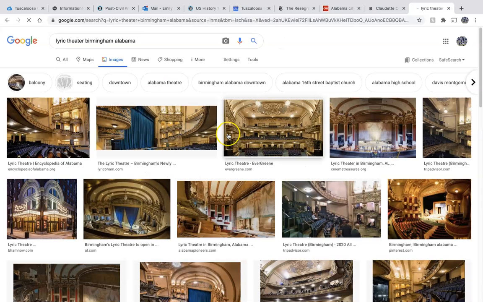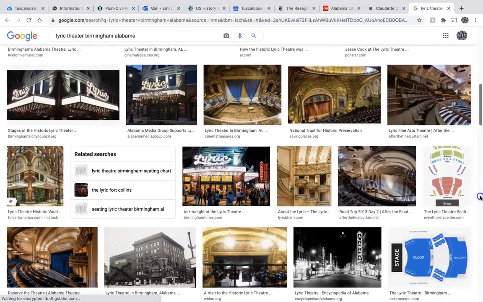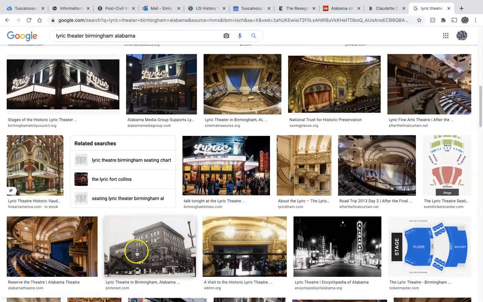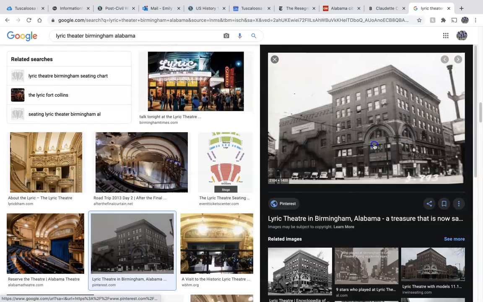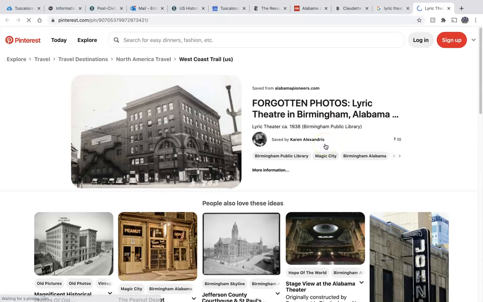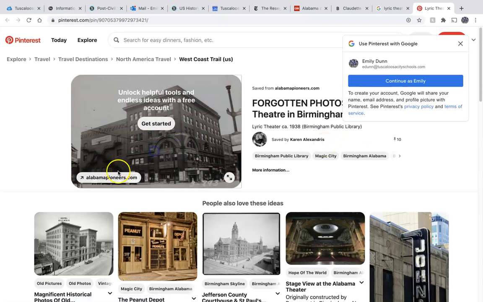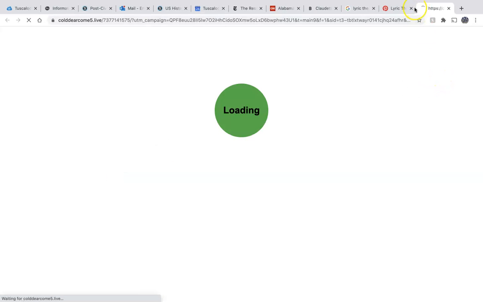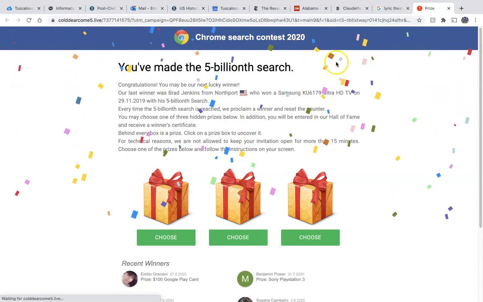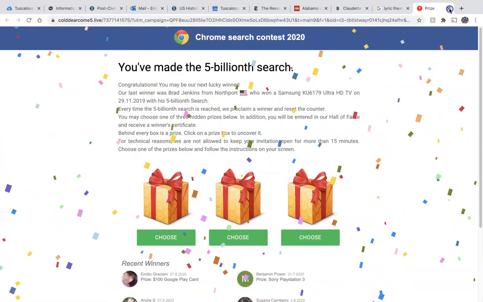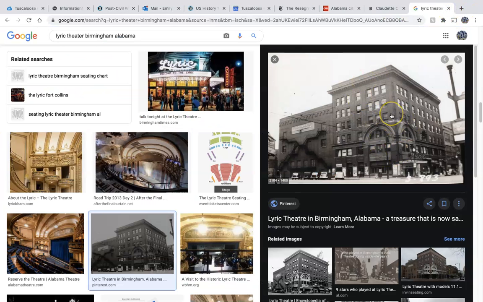I'll see if I can find a picture of the outside. Here we go. This is an old picture. This picture here of the Lyric Theater, does everybody see these steps on the back side of this wall?